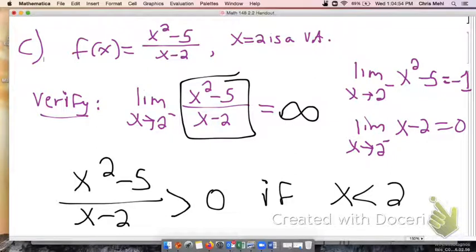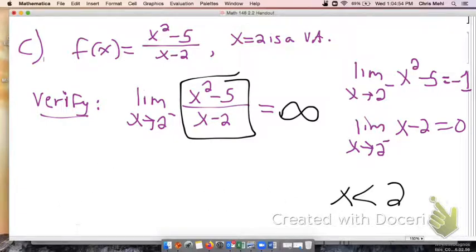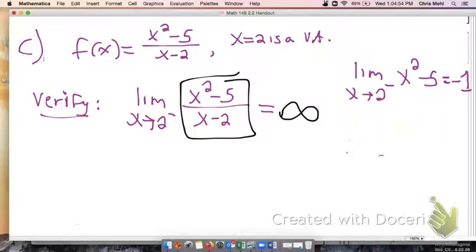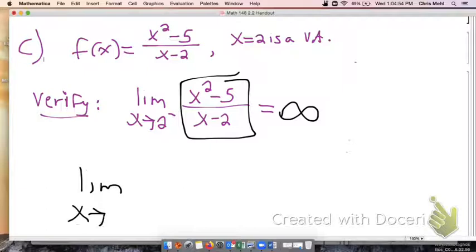Now, if you need to go back, you can go back and pause the video there. Now, say I want to calculate the limit as x approaches 2 from the right of this function.